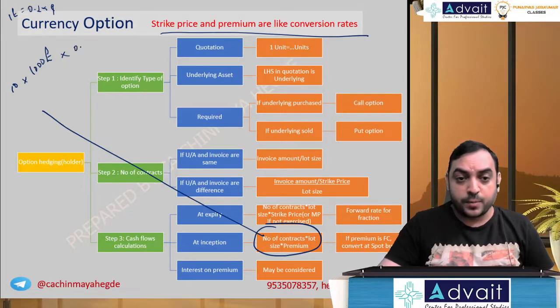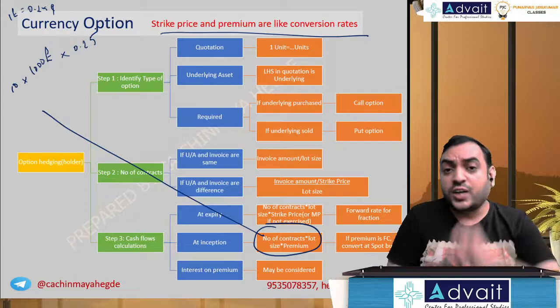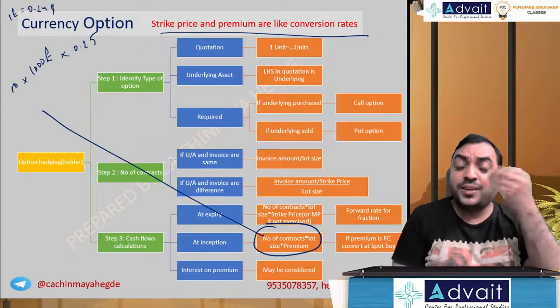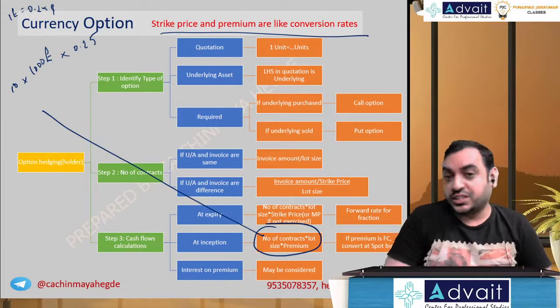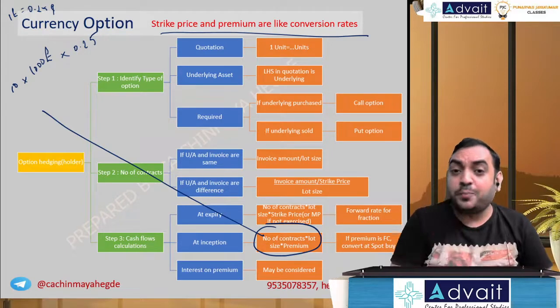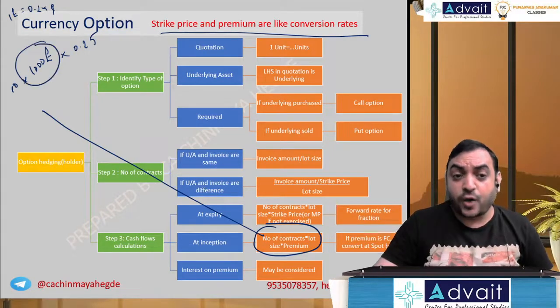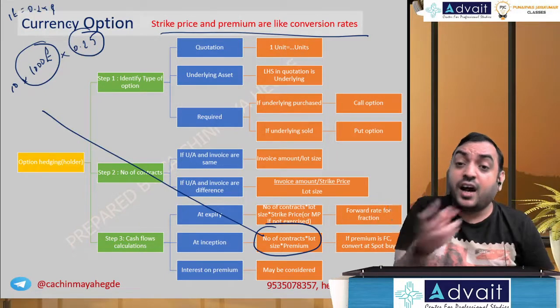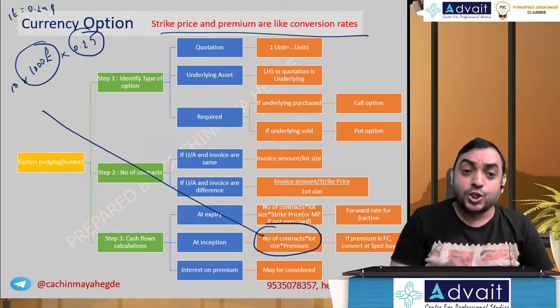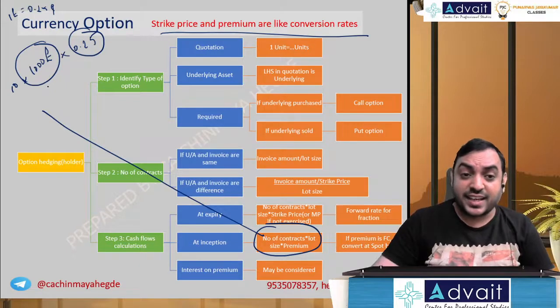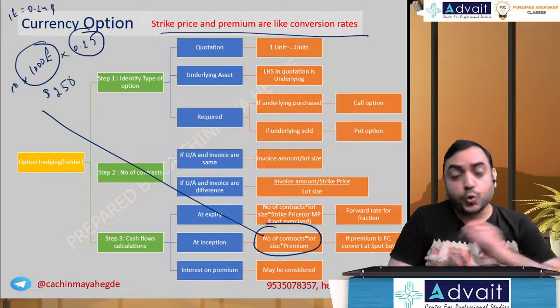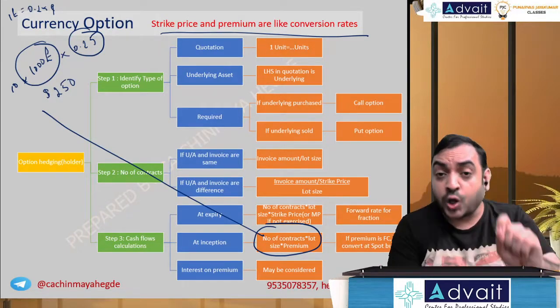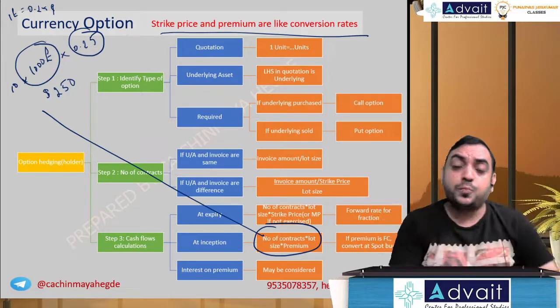So multiplied by 0.25, what will be the answer here? Will the answer be dollars or pounds? The answer will not be pounds, because this is the pounds, on that I am applying the premium rate. Premium rates are like conversion rates. So when I apply the conversion rate, I will get the answer in dollars, like $250.